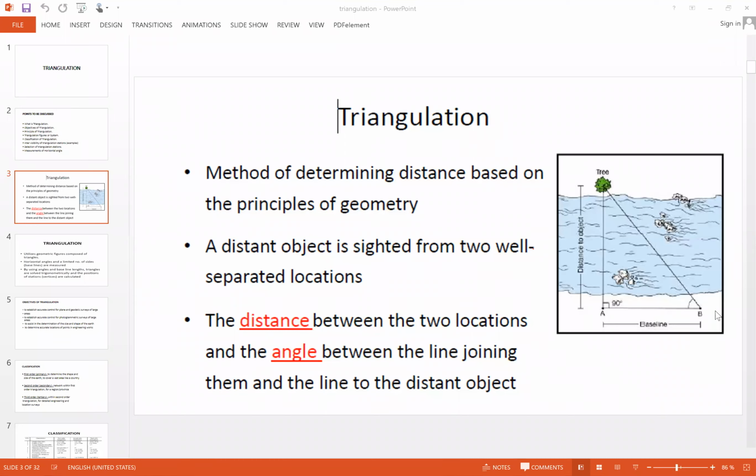And the distance from A to the tree, that is the distance from A to the particular object, is unknown. So since in this triangle we know two angles and one side, we are able to determine the length of the other sides of the triangle. So this is the basic idea behind triangulation, that we measure limited sides and we measure the rest of the angles, and then using the principles of trigonometry, we are able to determine the length of the rest of the sides.